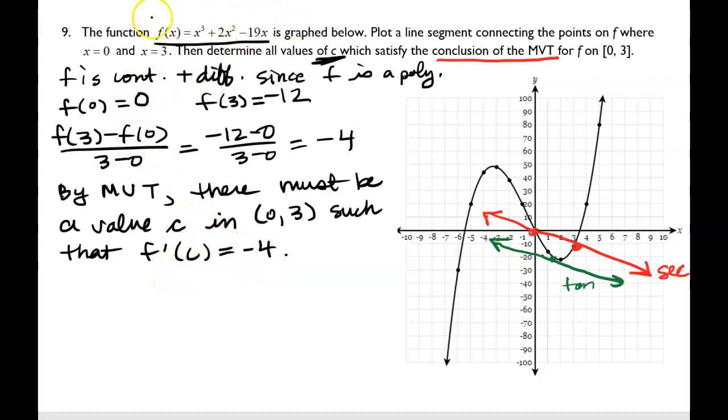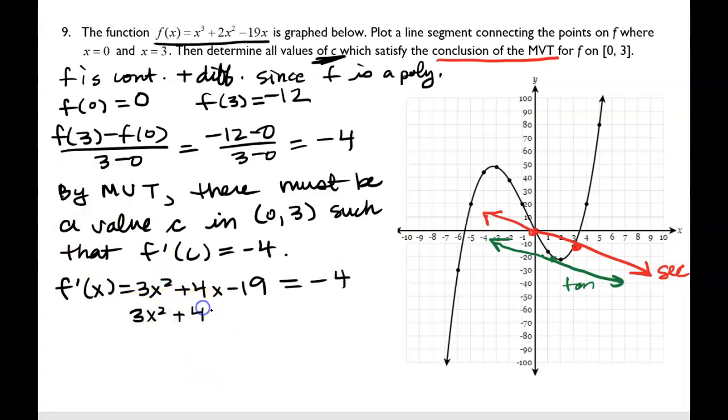So I'm going to take my derivative. F prime of x is 3x squared plus 4x minus 19. I'm going to set it equal to -4. And I just need to solve that equation. So I have 3x squared plus 4x. I need to add this 4 to the other side. Minus 15 equals 0.